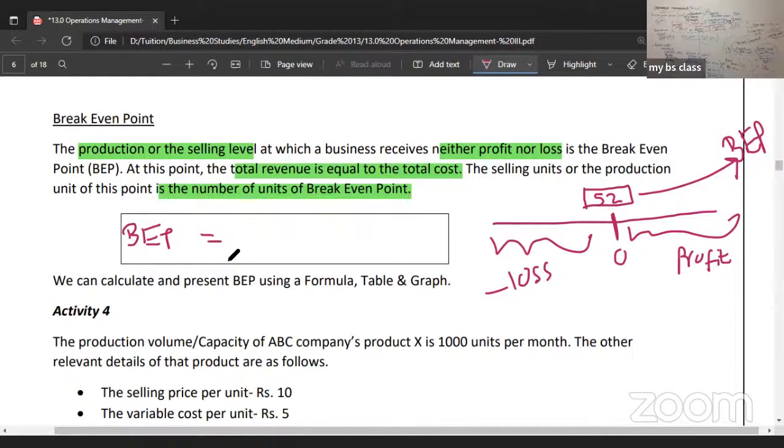Your total fixed cost divided by contribution per unit.